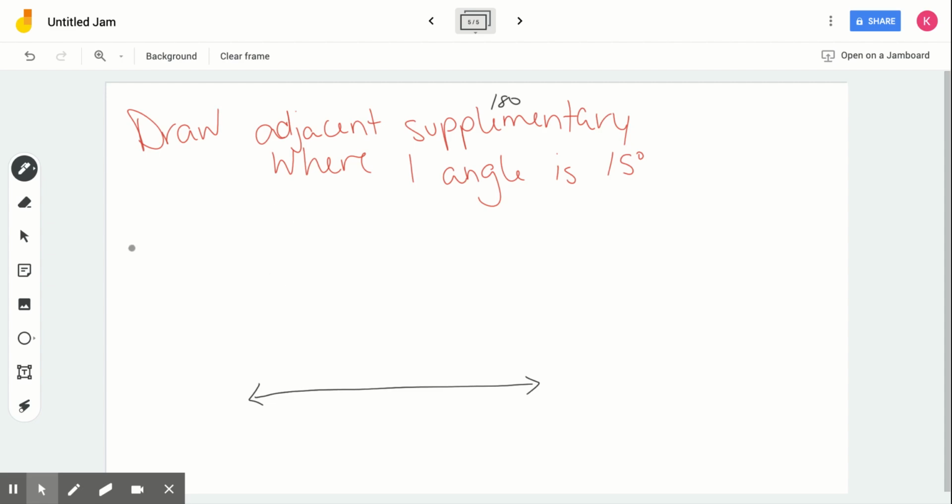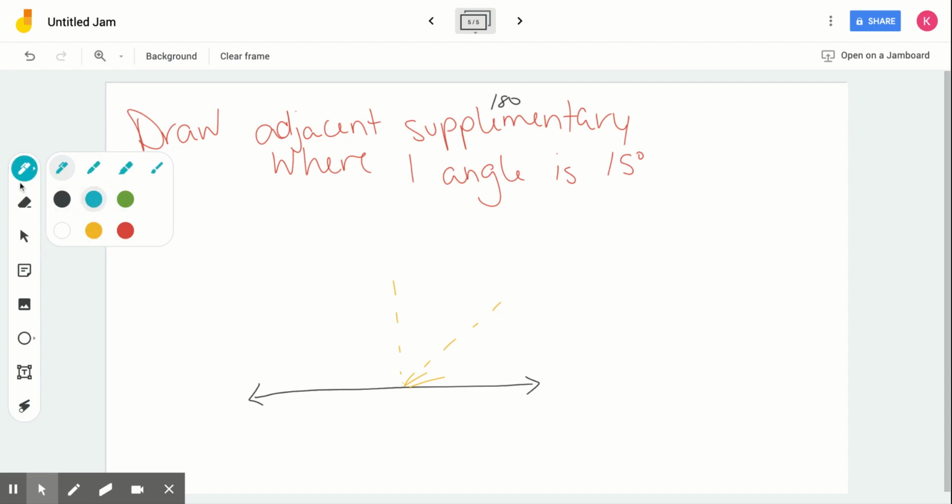We can use our knowledge of angles again to know that this might form two 90s. If we split that in half, we would get a 45. We might also be able to see that 15 is a third of 45, so we could split this into thirds.